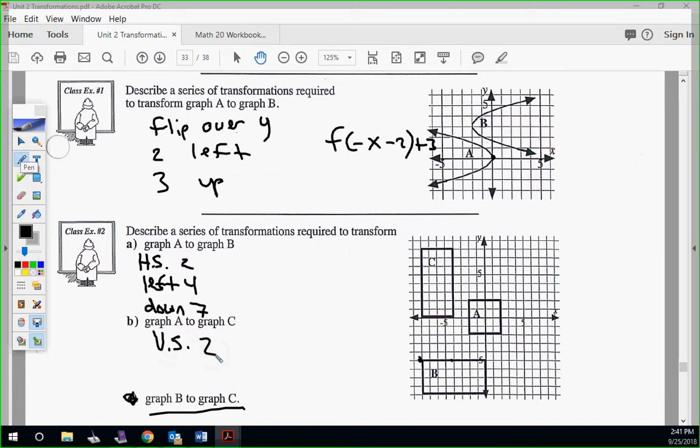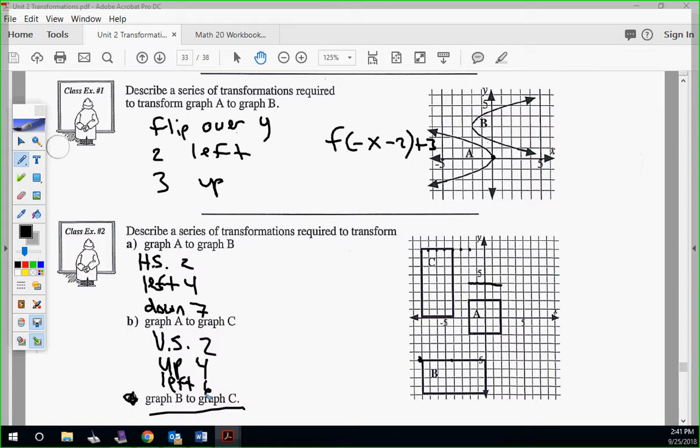And then from there, since you're going to be right here, you want to move it up 1, 2, 3, 4 up, right? And then 4 up and 6 left.